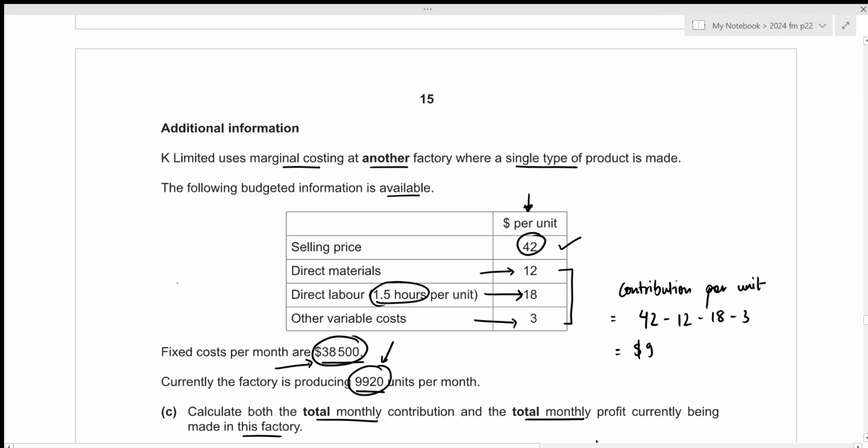And in this case, remember that 18 is just the product of the direct labor hour per unit, which is 1.5, and the direct labor rate per hour. We need to calculate the direct labor rate per hour now. So that is just going to be 18 divided by 1.5, which is 12. So the rate per hour still remains the same.